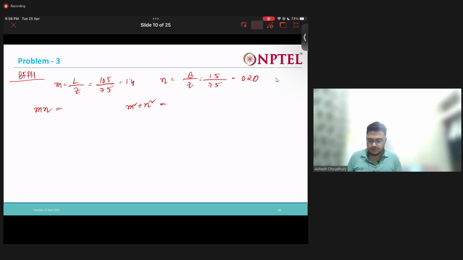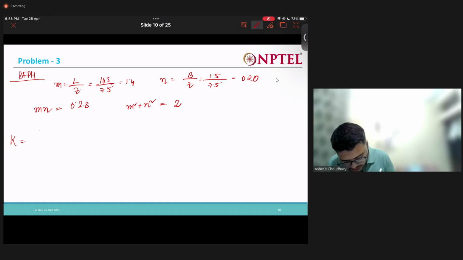So again let us find out Mn and m square plus n square. Mn is 1.4 into 0.2, it's 0.28, and m square plus n square is 1.4 square plus 0.2 square. So again we will put it in the relation.